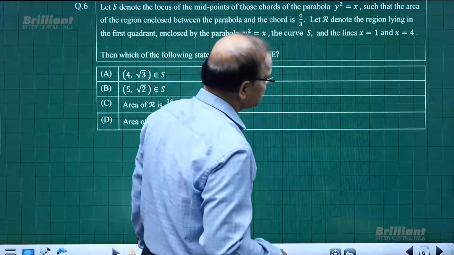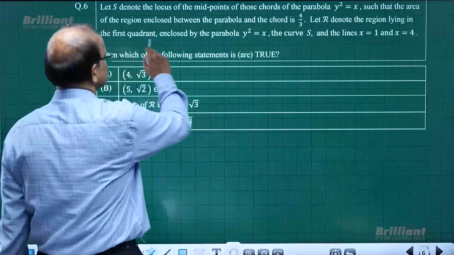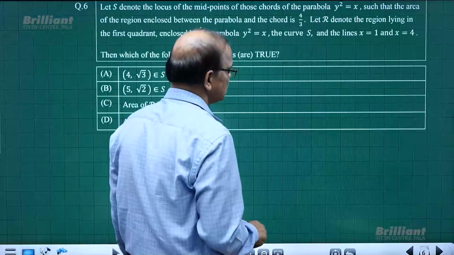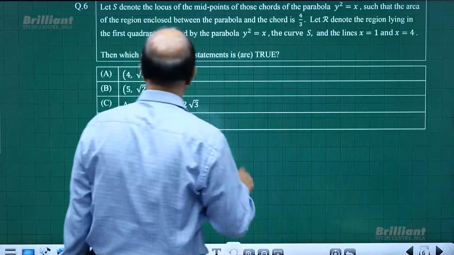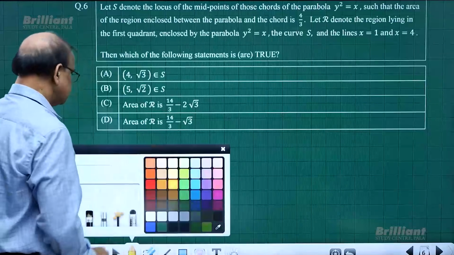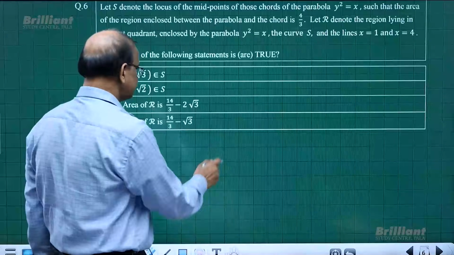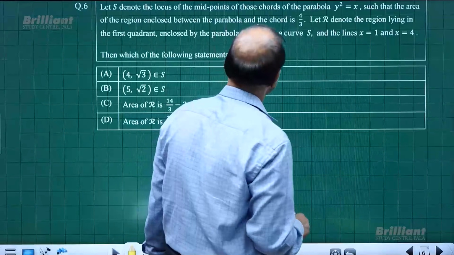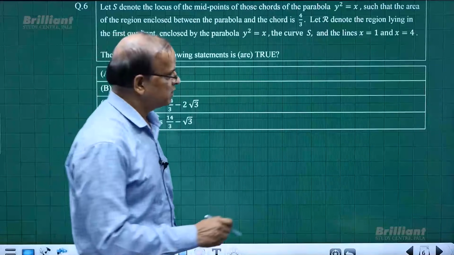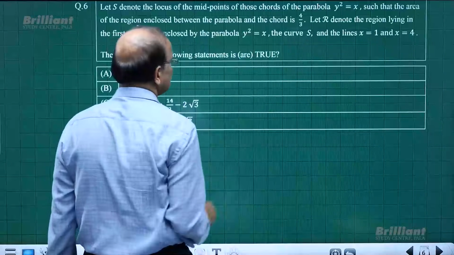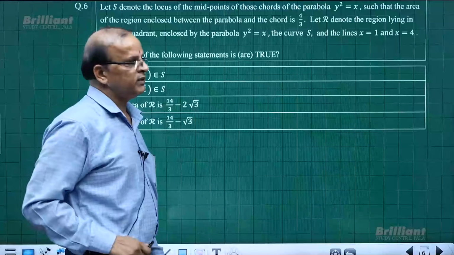Let R denote the region lying in the first quadrant enclosed by the parabola y square equal to x, the curve S, and the lines x equal to 1/4. Then which of the following is or are true? So S denotes the locus of midpoints of chords of the parabola such that the area of the region enclosed between the parabola and the chord is 4 by 3.